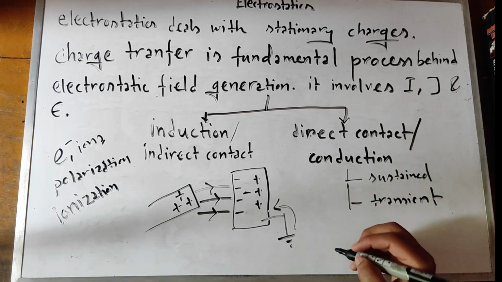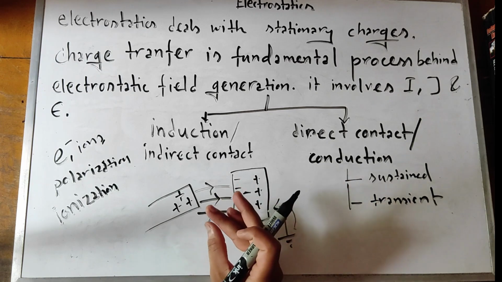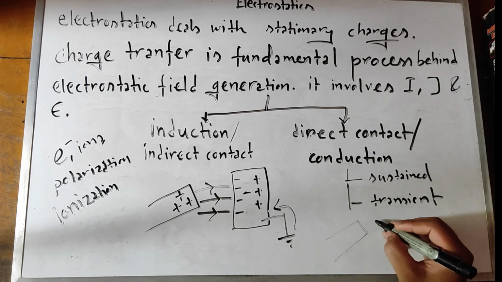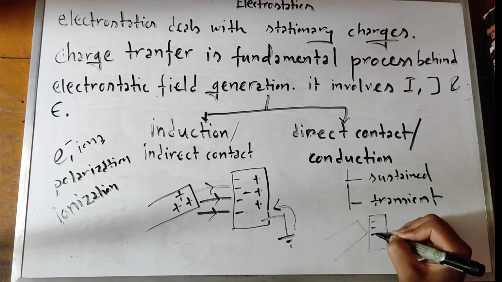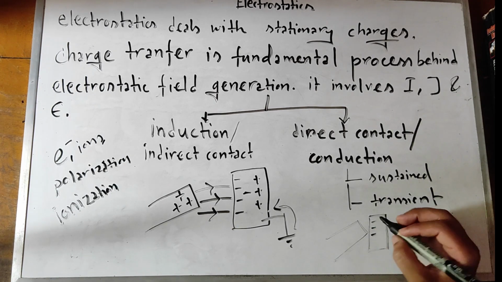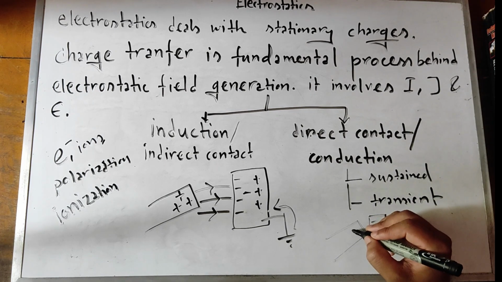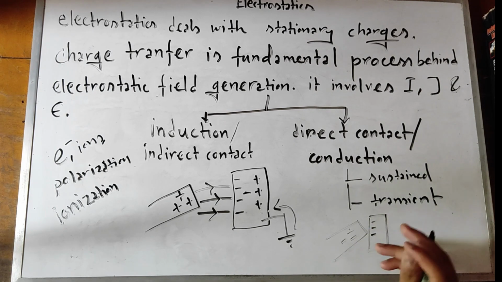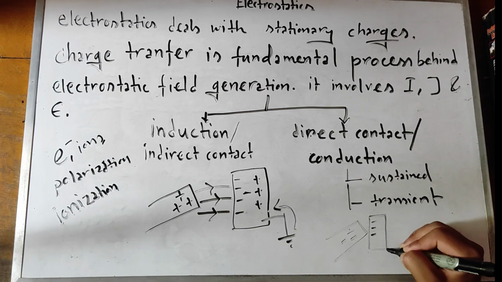Then direct contact or conduction. In induction I didn't directly touch the two bodies, but what happens if I touch them? The electrons will go to this body and try to neutralize it.